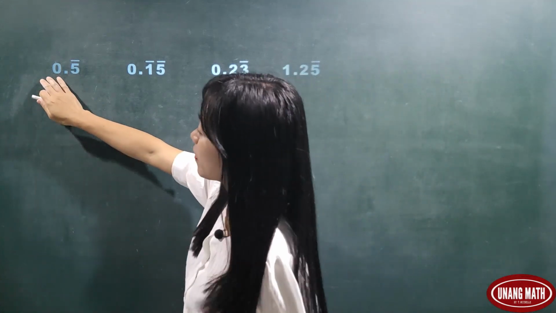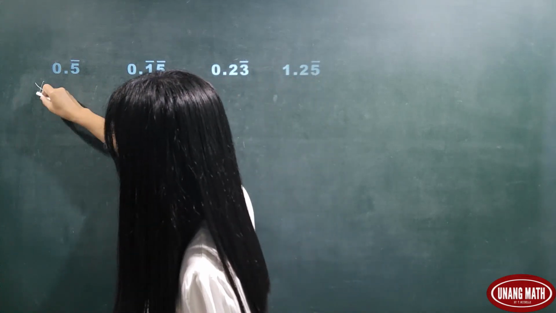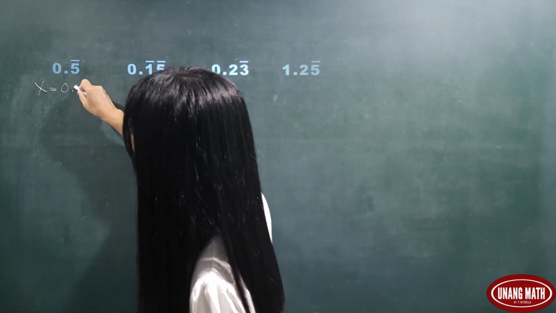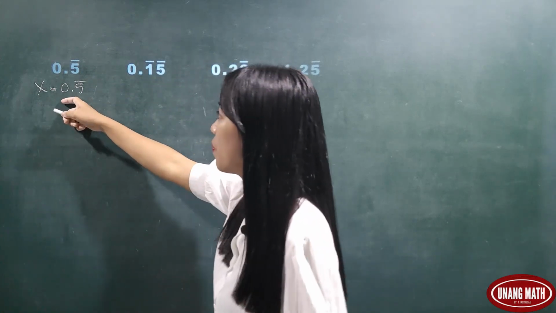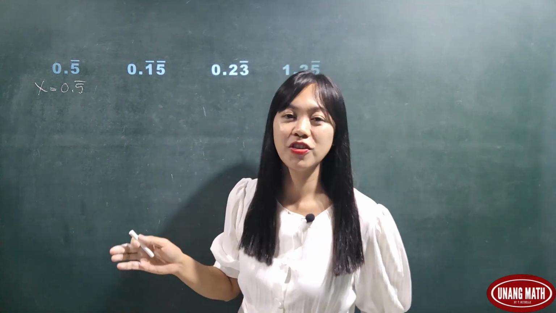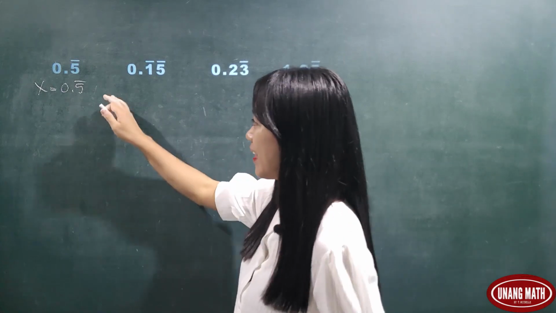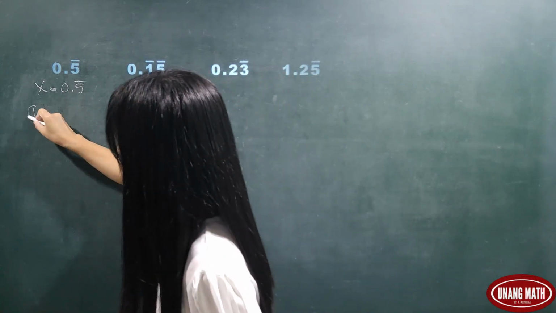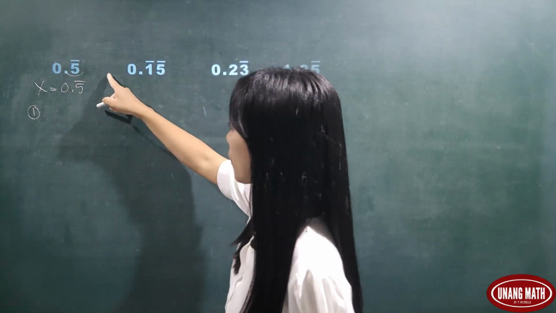Let's start with this repeating decimal 0.5 repeating. So we will let x be our repeating decimal. So x is equal to 0.5 repeating. Okay, we have to make two equations in order for us to eliminate the repeating digits. So for our first equation, we just need to move this decimal point one time to the right.